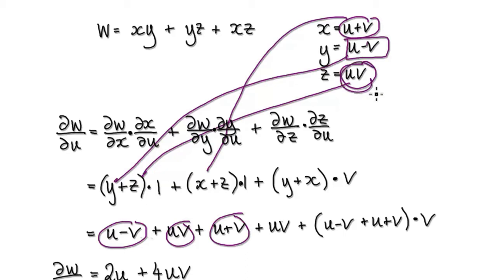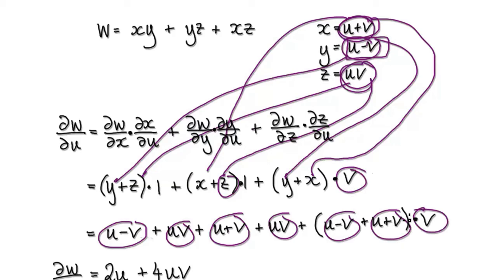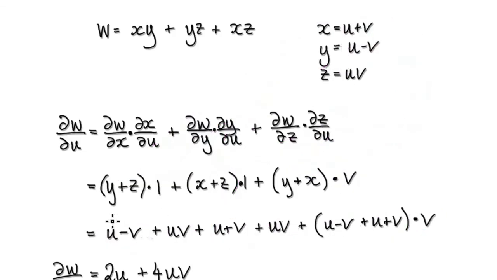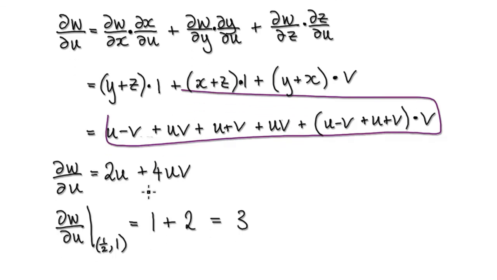Then we do the same for the remaining z, y and x, and you've got your v here. Tidy this whole thing up, and it will then give you this.